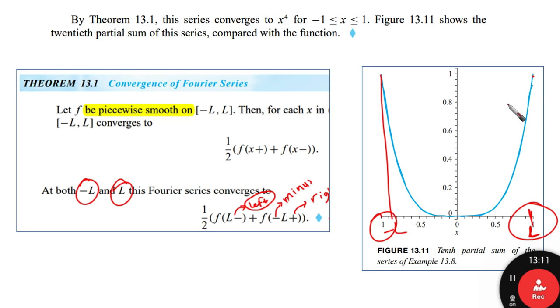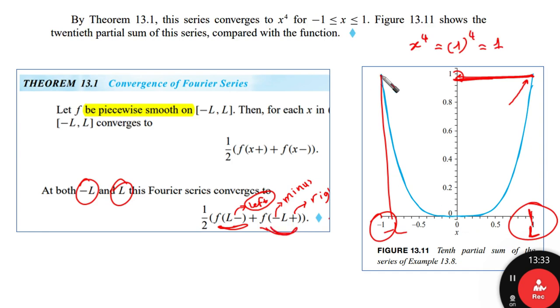From the left means that as we are coming here, it converges as if we are ending here. For example, it is x raised to the power 4, so it is 1 raised to the power 4, equal to 1. So it converges to 1 here. Not converging, this is the value of the function here from the left. And this one is what?